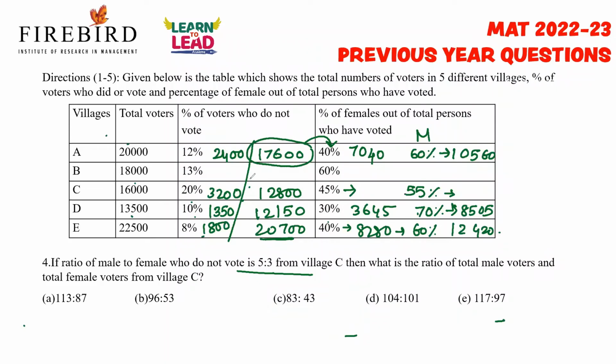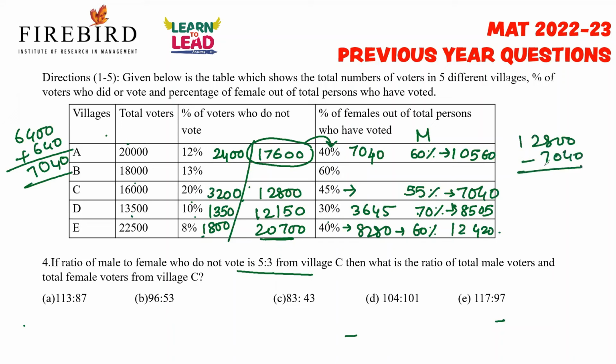To calculate 55%, first I'll take 50%. 50% is nothing but half of any value. That is 6,400 plus 640, so 7,040. Okay, so 12,800 minus 7,040 will be your 45%. So 10 minus 4 is 6, 12 minus 7 is 5. 5,760 is the 45%.